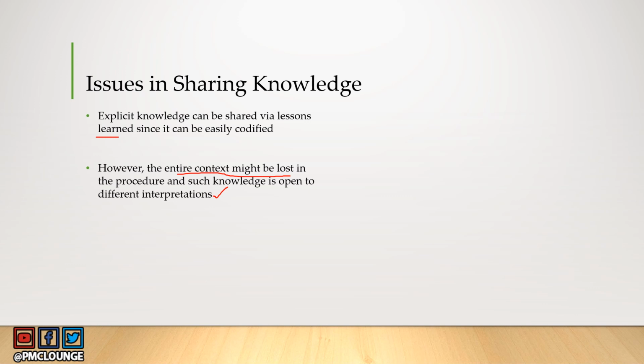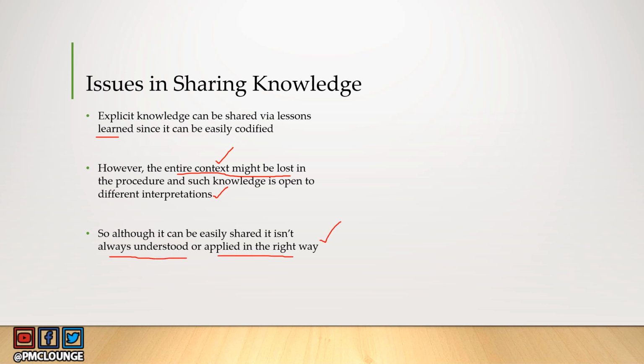For a different project that has a different outcome, that 2 weeks may not hold true, right? So the context of why the security team requires 2 weeks is lost when it comes to explicit knowledge. Although it can be easily shared, it isn't always understood or applied in the right way, which is another problem, right? For a different kind of project, you give 2 weeks for the security team to provide their approval, they may come back and say we need 4 weeks for these kind of projects. So those are some of the issues in sharing knowledge when it comes to explicit knowledge.